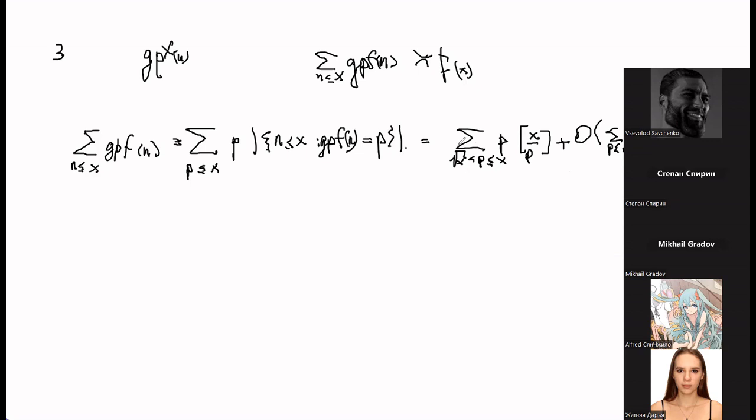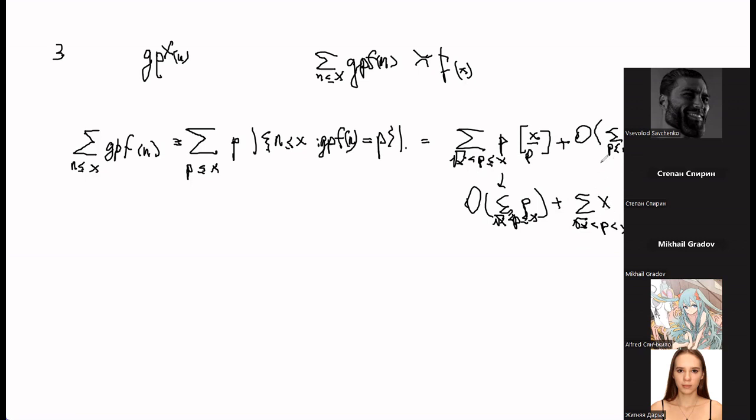And as you see, this is the sum over primes p up to square root of x of p, plus the sum over p greater than square root of x of p multiplied by x over p, so it's just x.